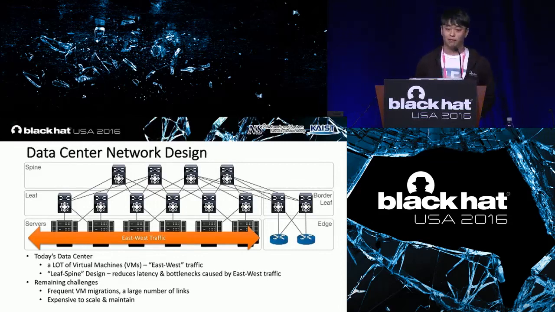So the data centers have recently started employing this leaf-spine design that reduces the latency and the possible bottlenecks caused by east-west traffic. But even with this new design, there still remain other challenges to be solved. So the data center should be able to deal with frequent VM migrations and also a large number of links. And it is still expensive to scale and maintain the data centers.